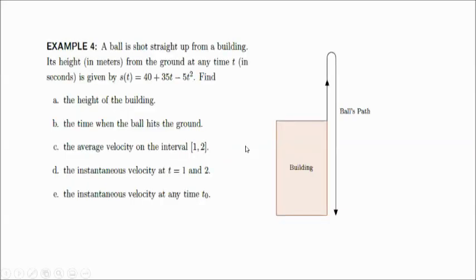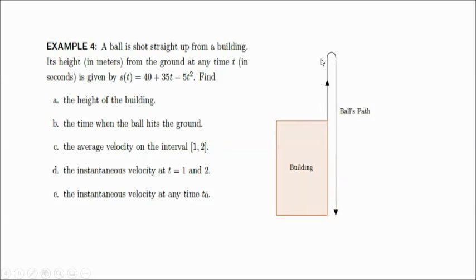Let's have an example involving instantaneous rate of change. So a ball is shot straight up from a building. So let's say ito yung building, nandito ka, tinapon mo yung ball. Pataas, and then, syempre, mahulog siya.